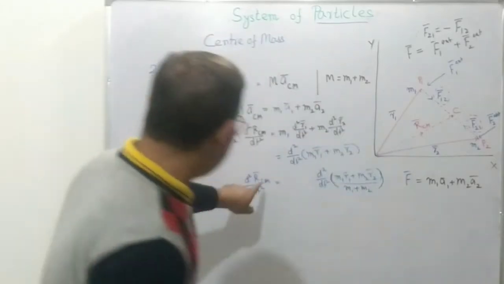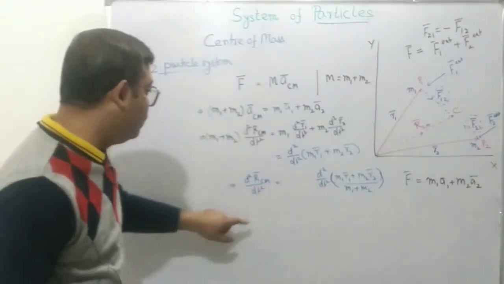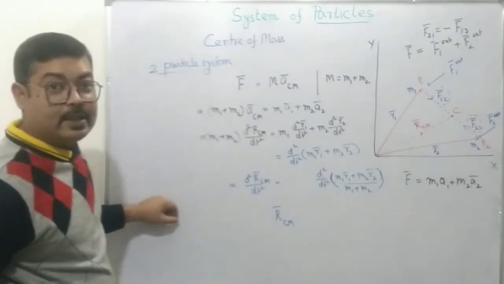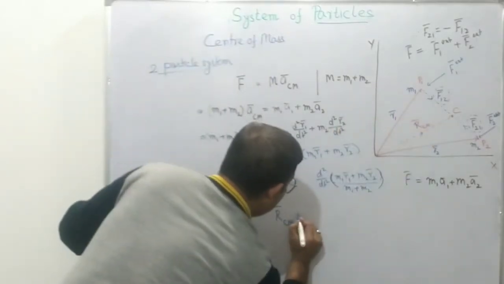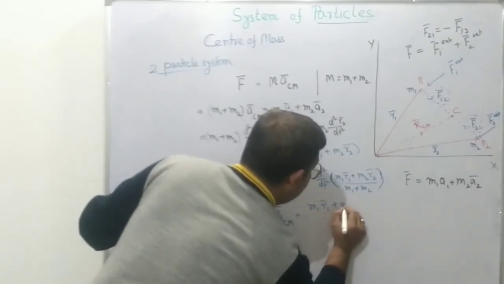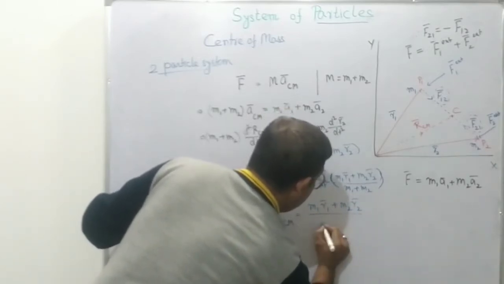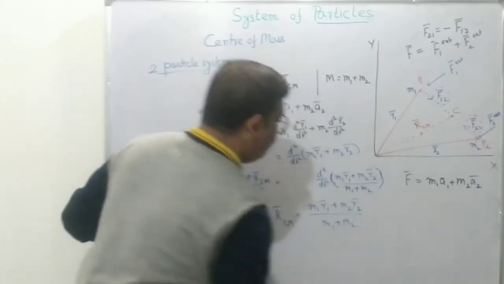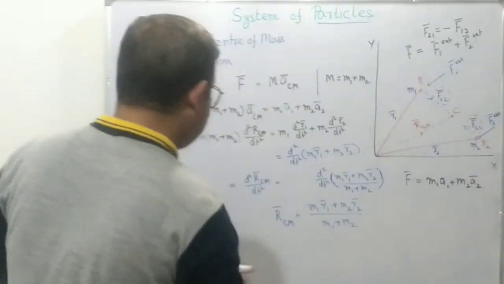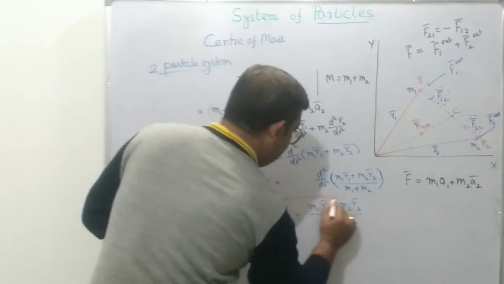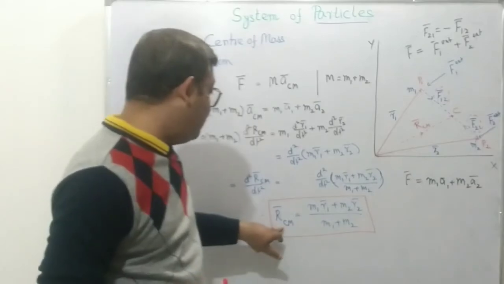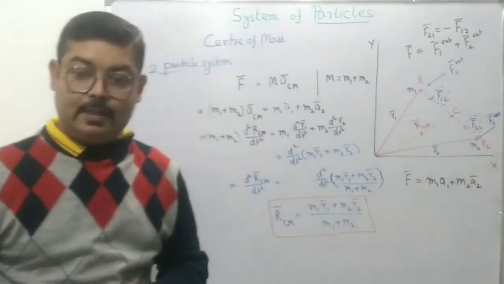So d square RCM will be given by this term. So we can simply write that RCM, the position vector of the center of mass of this two particle system, now we have found the expression for that. That will be m1 r1 plus m2 r2 divided by m1 plus m2. So this is the expression for the position of the center of mass of this two particle system.